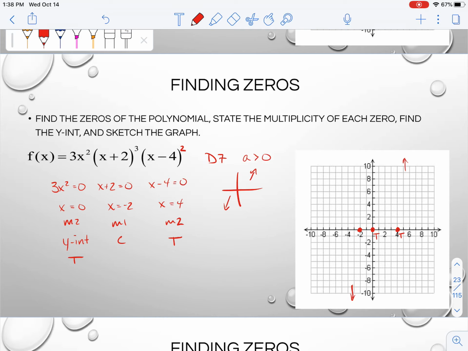I have to come up, cross that point. I'm going to come down, touch, and go back up. Come back down, touch, and go back up. And this graph is going to end above the x-axis. Again, this is an accurate representation based on what I know and the tools I have available to me at this point. But it might actually in real life look different than what we have sketched here.